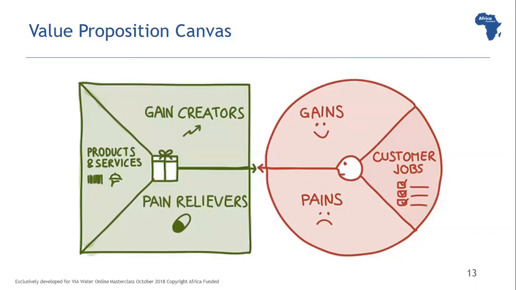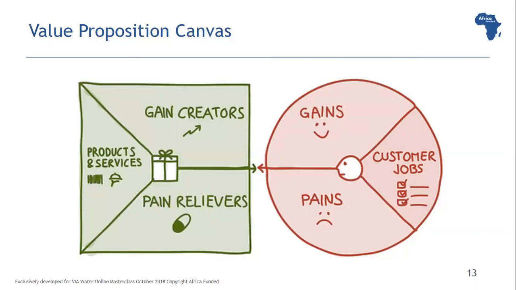What are products and services that are crucial for your customer to fulfill this job? So you turn it around. The customer is the center of the universe, and how does your product or service help him to get the job done?